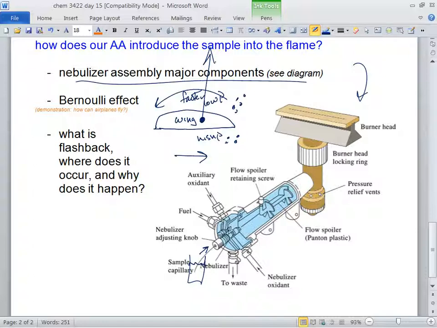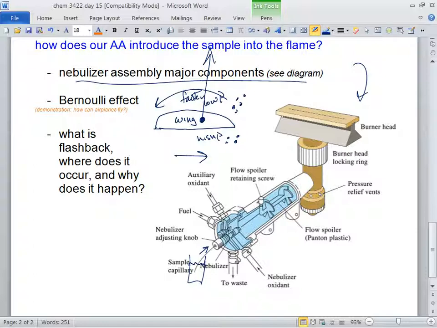Yeah, the air's blowing on this thing, but it's going to end up going straight across. Air down here is not moving. Air up here is moving. Lower pressure. The harder I blow, the more lift it's going to have.